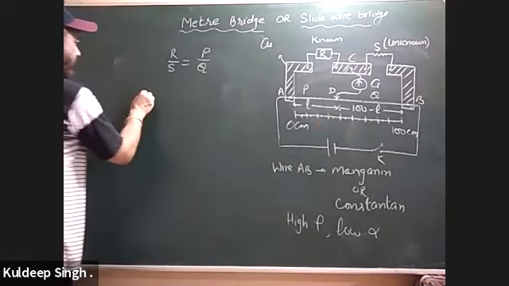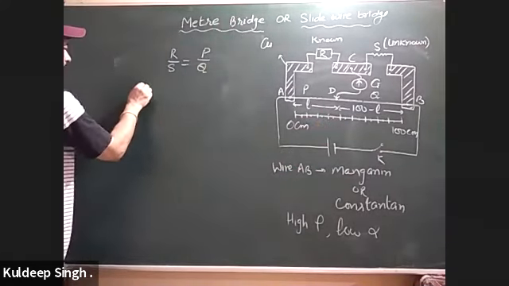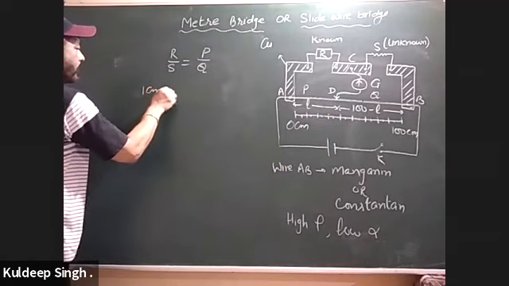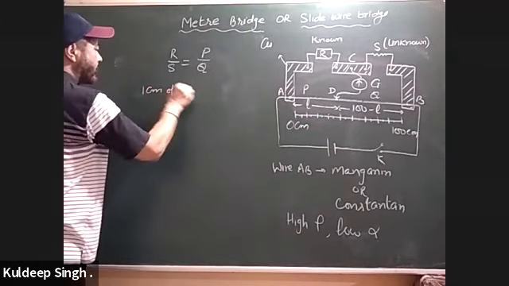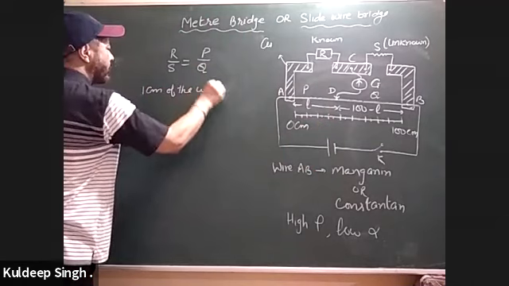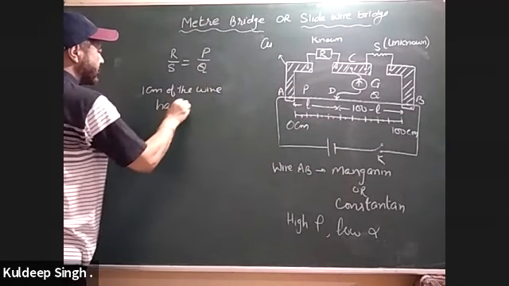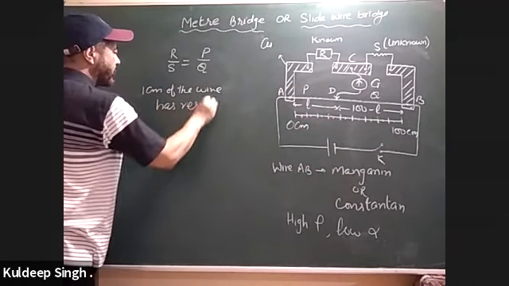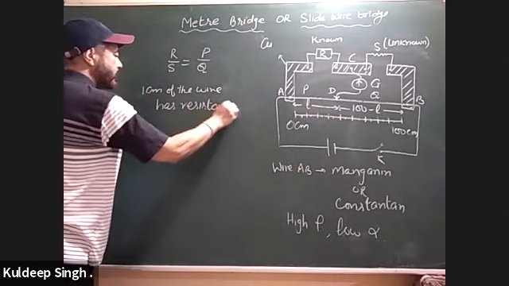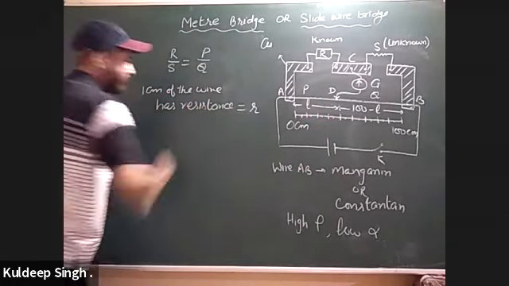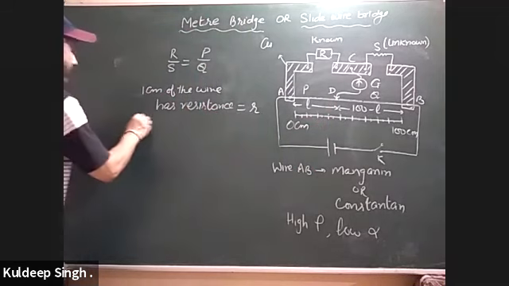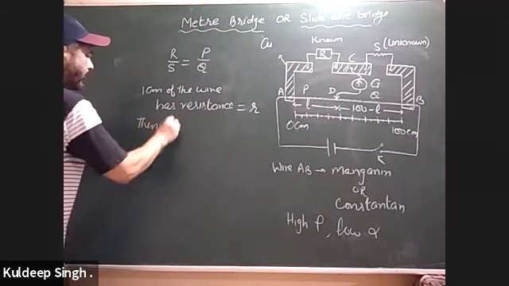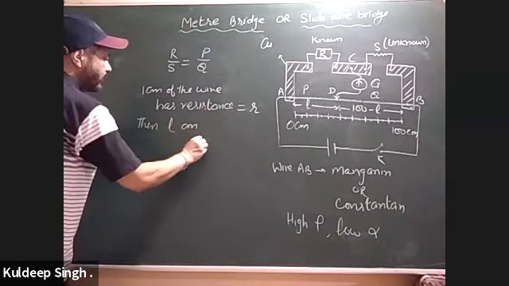If I say 1 centimeter of the wire has resistance equal to small r, then L centimeter will have a resistance.